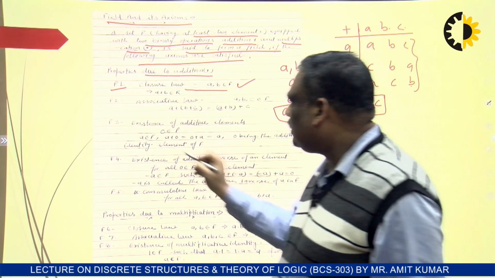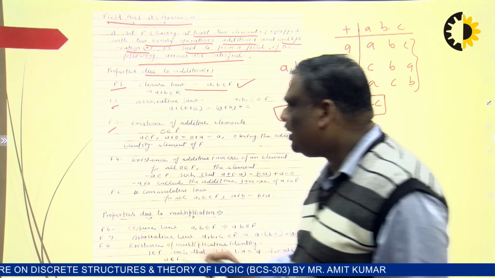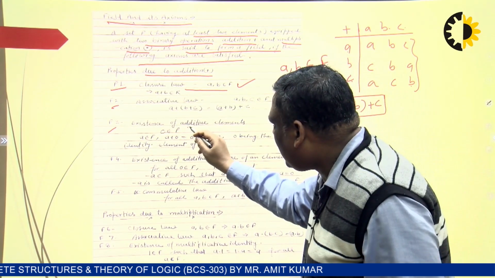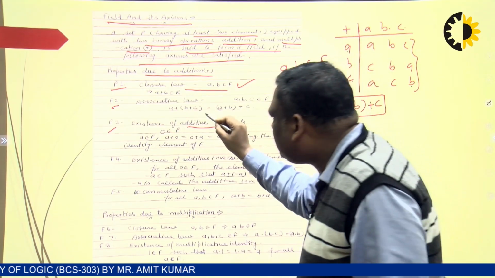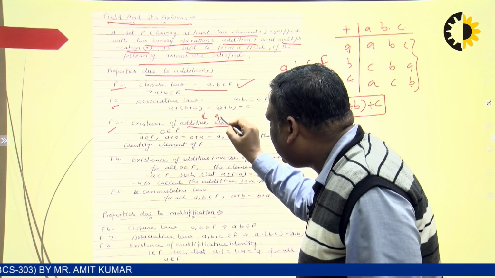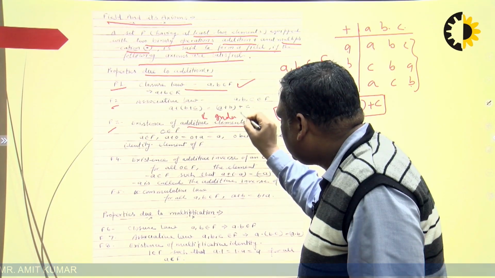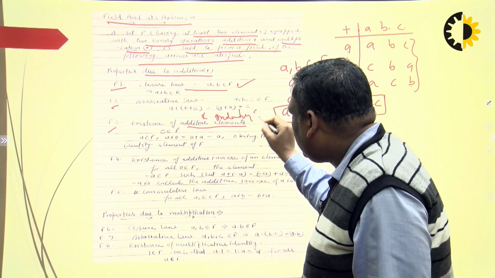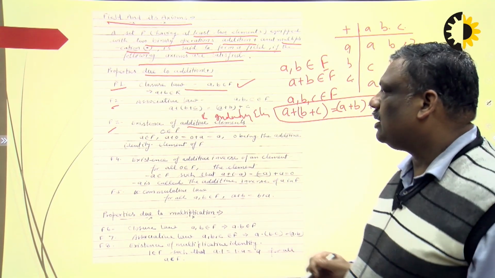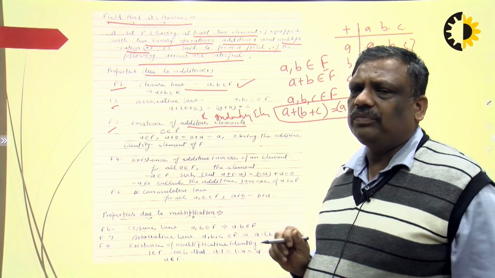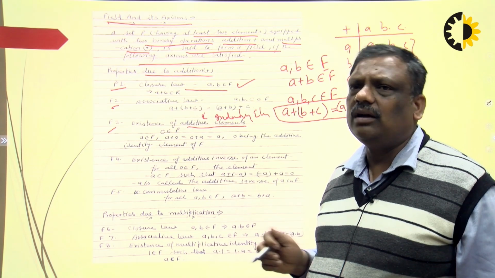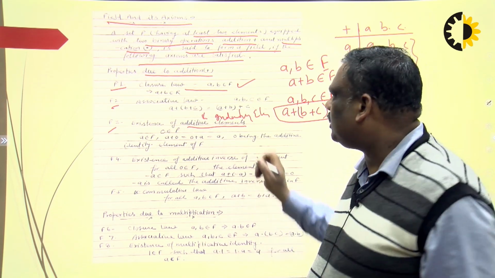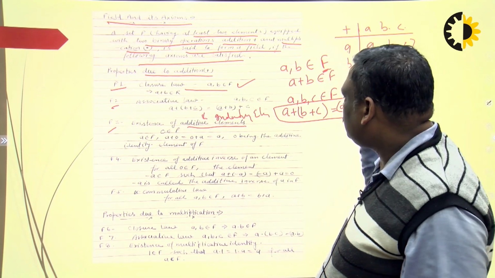The third property is existence of additive element. This additive element is known as the identity element with respect to addition. Generally in addition, 0 is the identity element with respect to the given set.